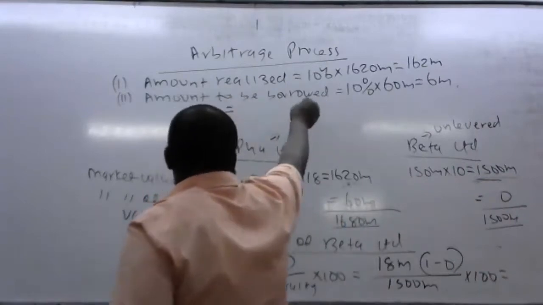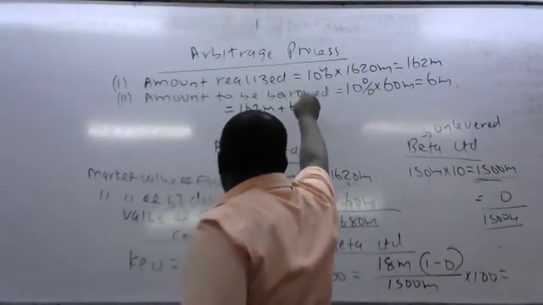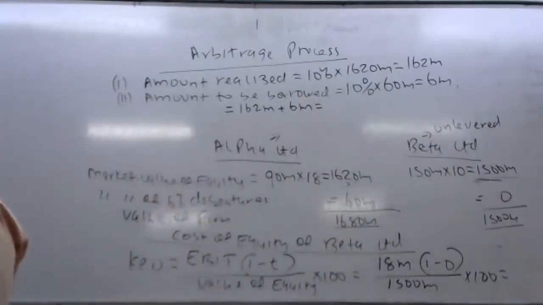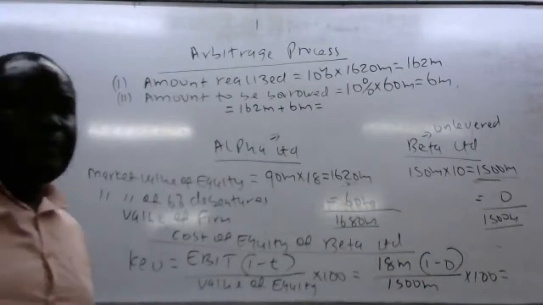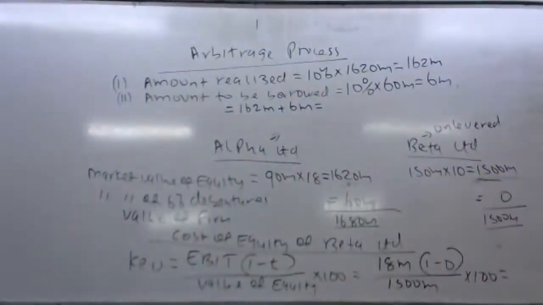So you take 162 millions plus the 6 million. 162 was the step number 1. The 6 million is in the step number 2. So you add them together like that. So that is now our step number 2.